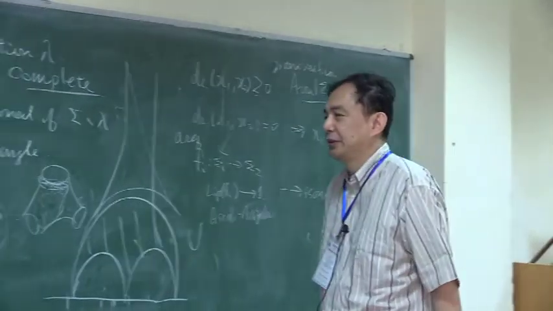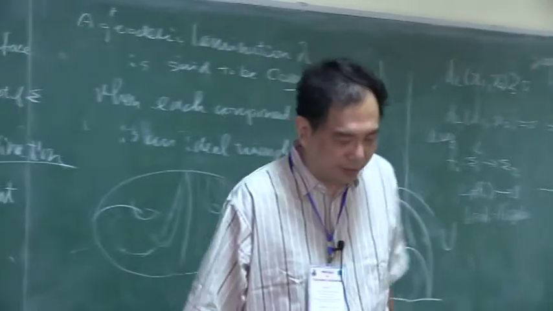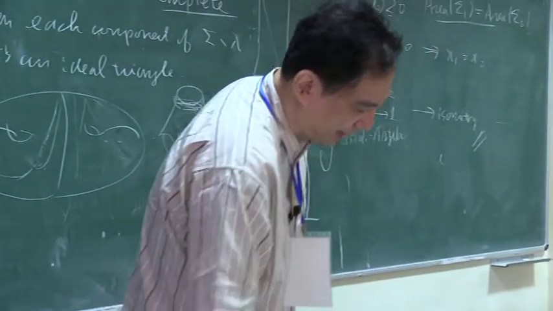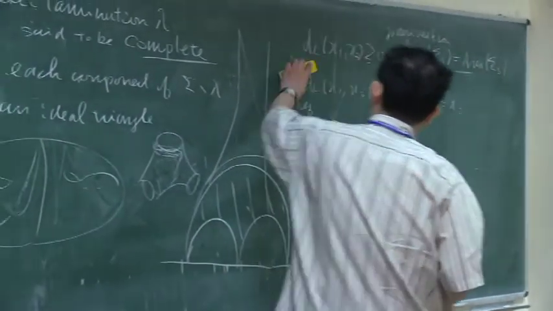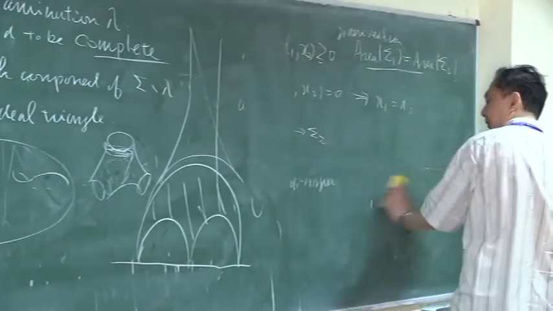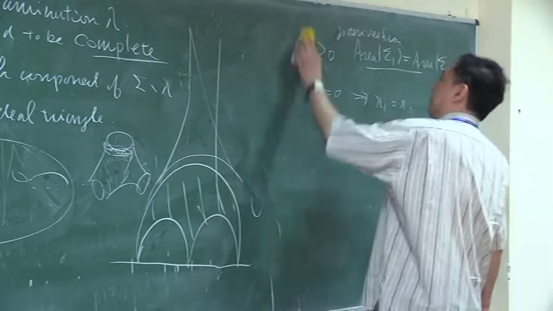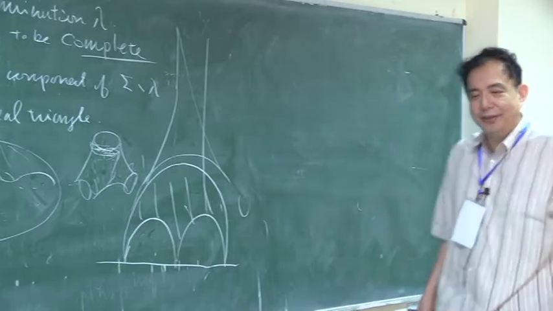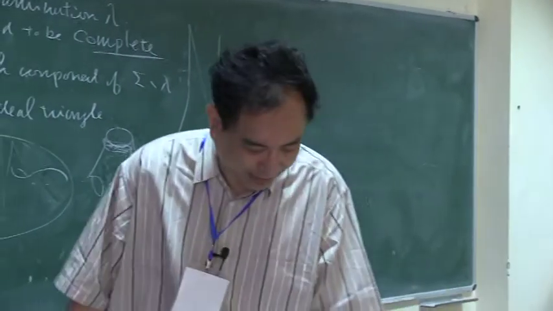Okay. And then for a complete geodesic lamination on sigma, you can define something called a stretch map.